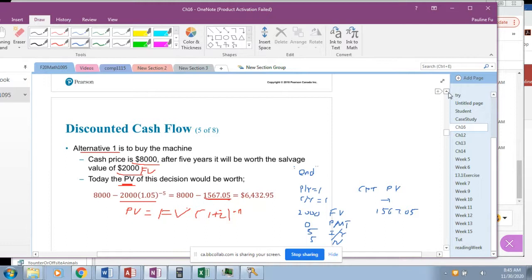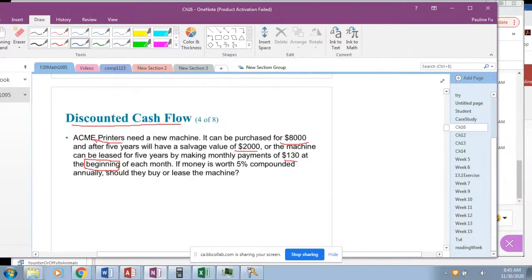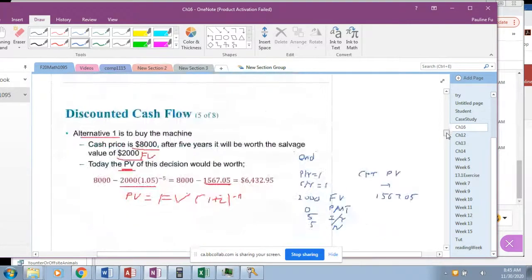Okay. So now let's look at alternative 2. You lease the machine for 5 years by making payments of 130 at the beginning of each month. That is alternative 2.